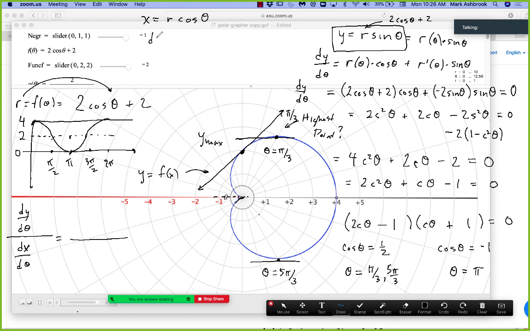So dx/d theta is r of theta times negative sine theta plus r prime of theta cosine theta by the product rule. And so for our function it'll be 2 cosine theta plus 2 times negative sine theta plus negative sine theta, the derivative of 2 cosine theta plus 2, times cosine theta.